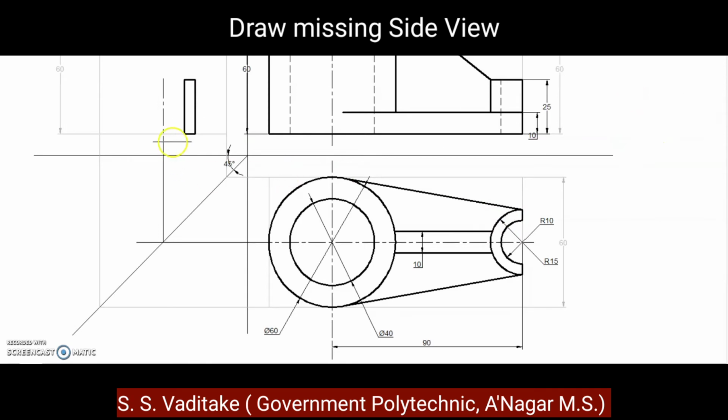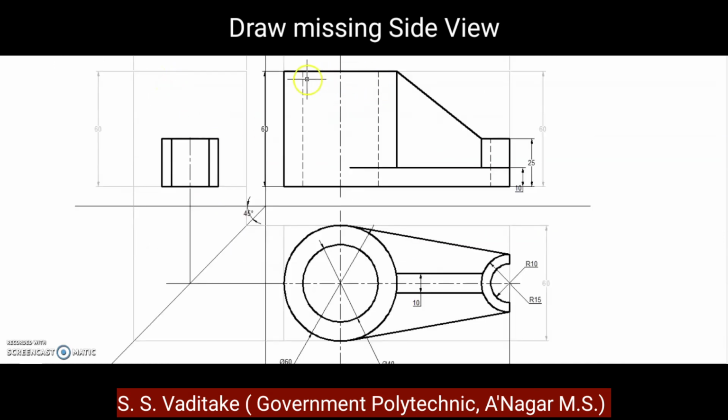Again from the center line go 10 millimeter toward the left, draw the vertical line of 25 millimeter height, and then width of 5 millimeter, and then complete this portion. This is a semi-cylindrical portion. So this portion appears as a rectangle which is shown here.